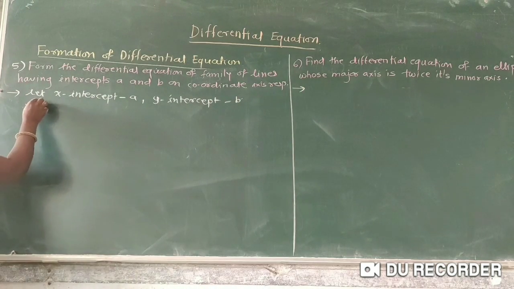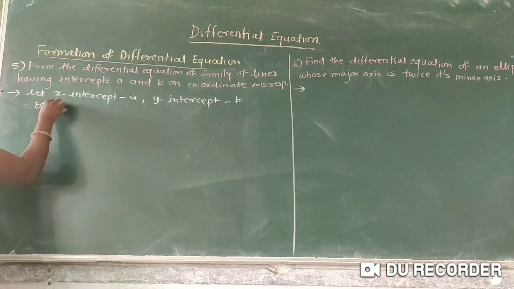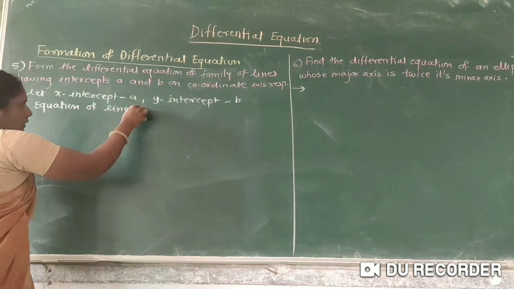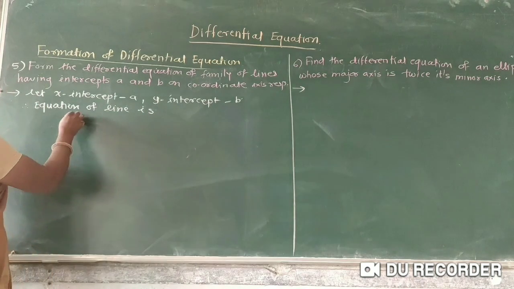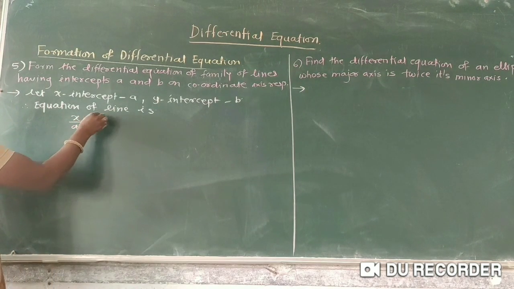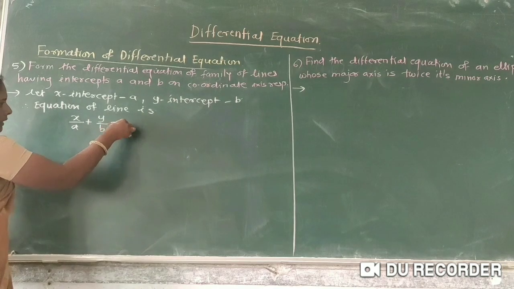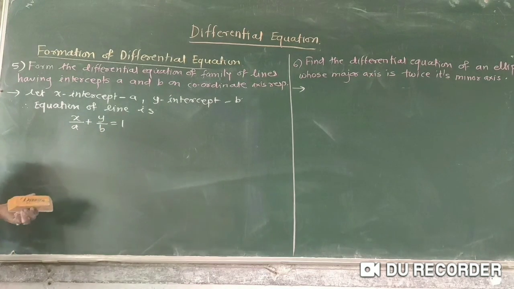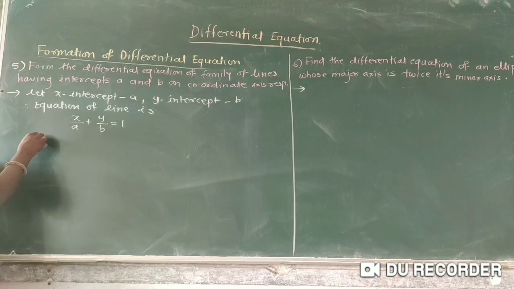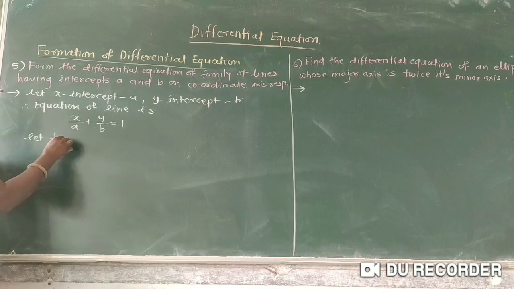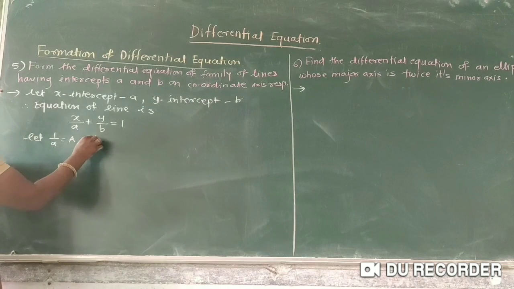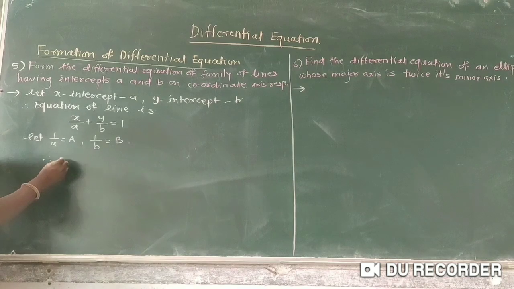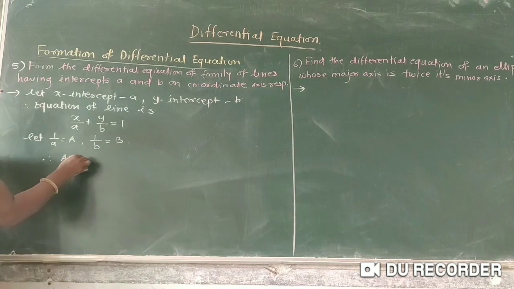Therefore, the equation of the line is x upon a plus y upon b is equal to 1. This is the double intercept form of the line. Let 1 upon a be a constant, say A, and 1 upon b be again a constant, say B. Therefore, we get Ax plus By equal to 1.